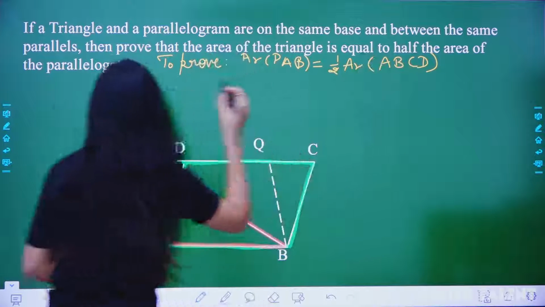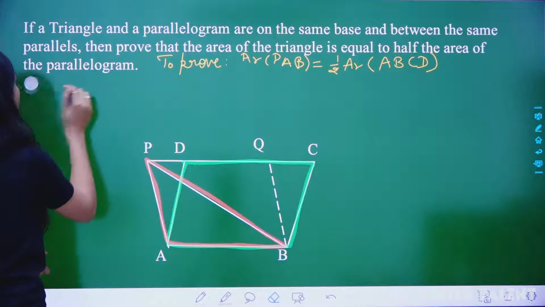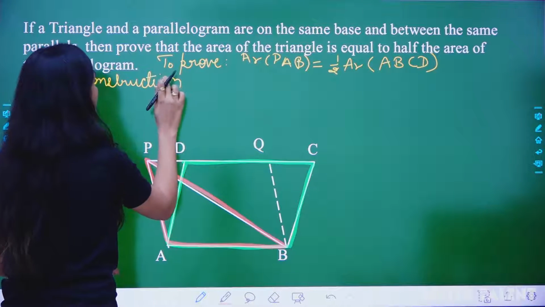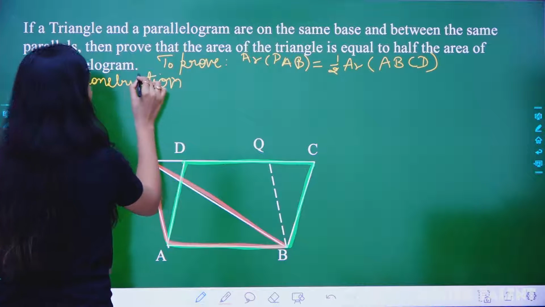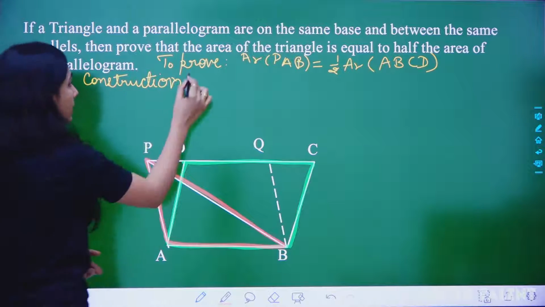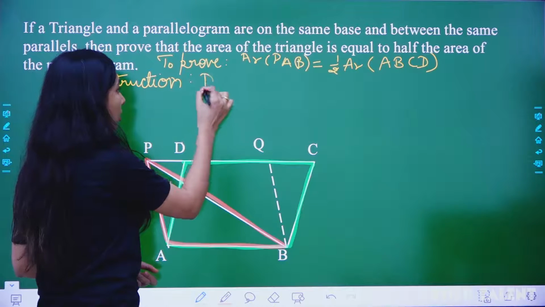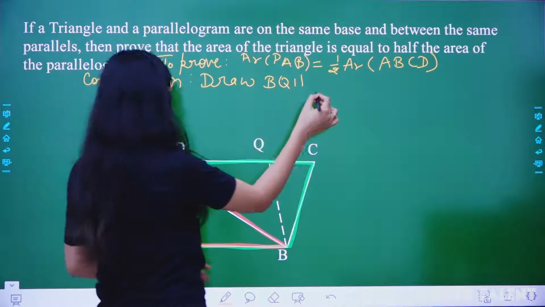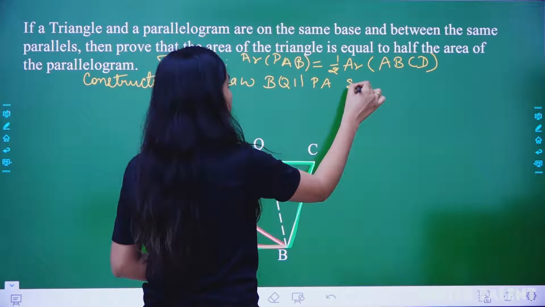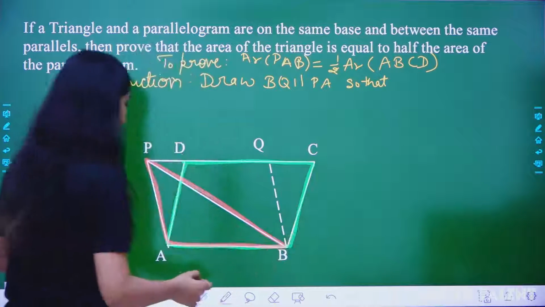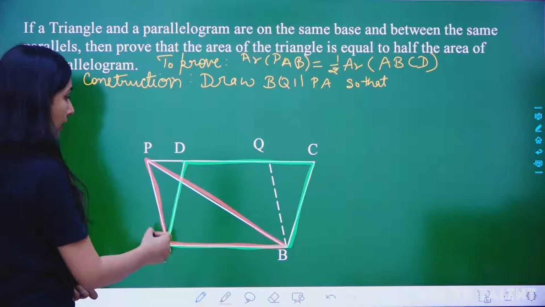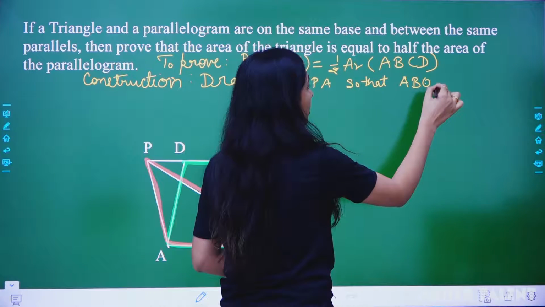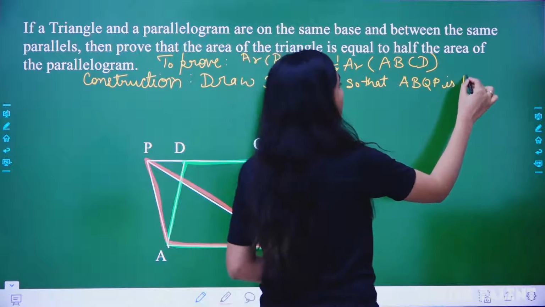And for this, we need a small construction. The construction is that we draw BQ parallel to PA, so that we have this new ABQP, which is a parallelogram.